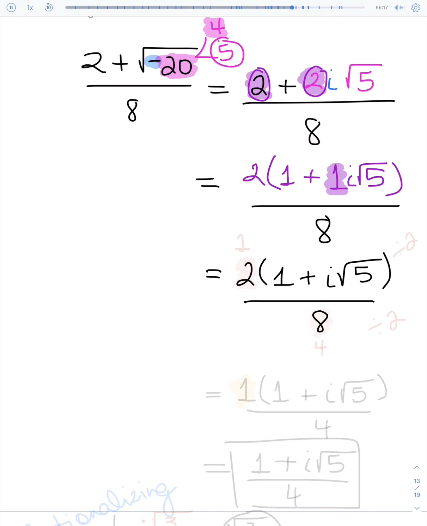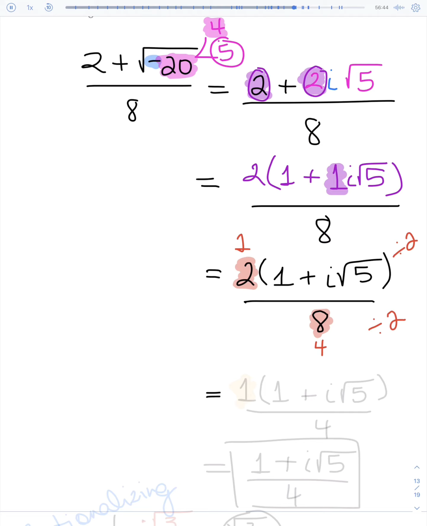So now we can reduce our common factors. We've got a 2 and an 8. Those are both divisible by 2. So I'm going to divide the top out by a 2 and the bottom by a 2. So what this will do is dividing both by 2 will give us a 1 on top and a 4 on the bottom.